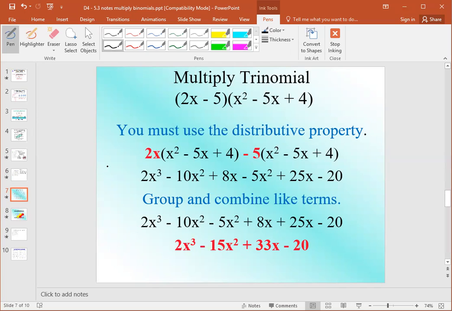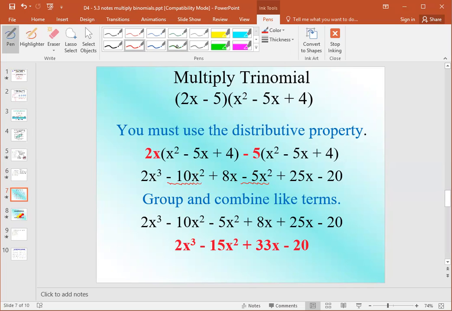Okay, so now we have to combine these terms. I want to look and see what terms are alike here. When I look, I don't have anything in x cubed, but I have a negative 10x squared and a negative 5x squared. You can see that they wrote them together, but you don't have to do that. You could just say negative 10 minus 5 and go straight to negative 15.